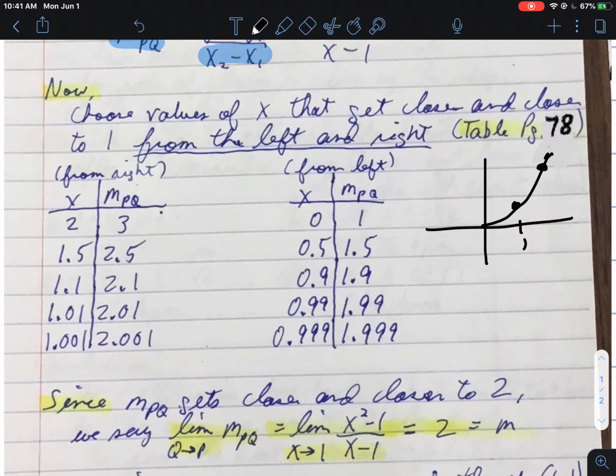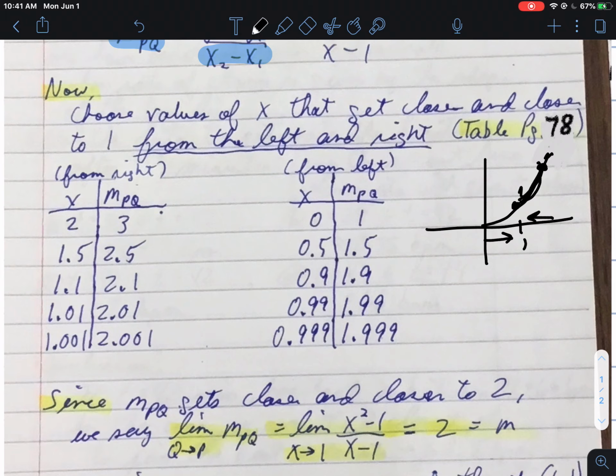And so we had that point Q up here, and then we're moving that point Q closer and closer to this point. So I want to choose values of x that are getting closer to 1 from this side and also from this side, because you want to observe what's happening from both directions. And there's a reason for that, as will become plainly obvious as we move through this stuff. All right, so we never just consider one side unless we're only focused on one side. So in general, we want to look at what's happening from the left and from the right.